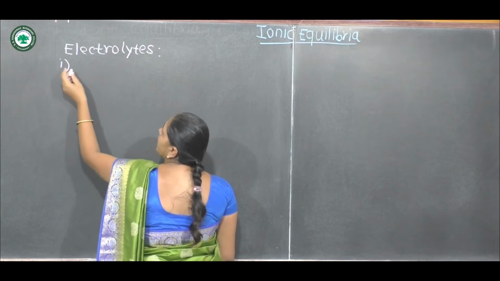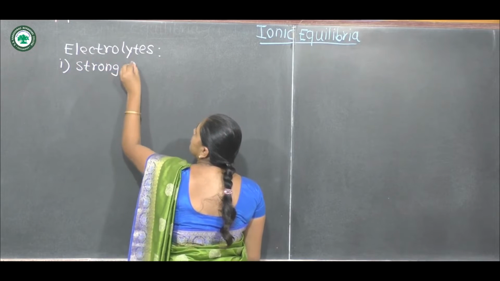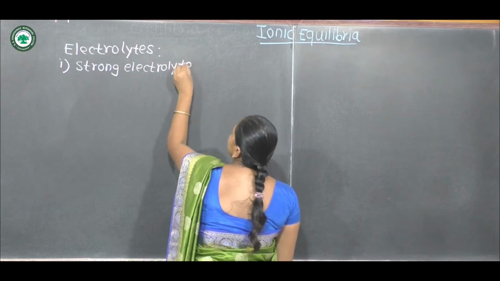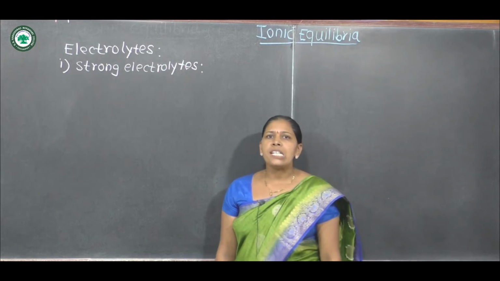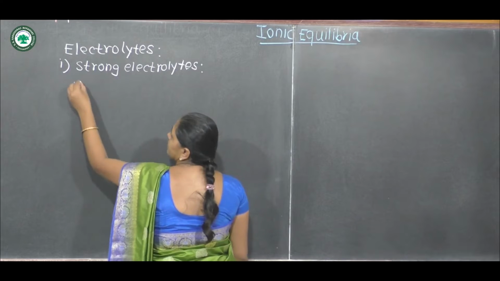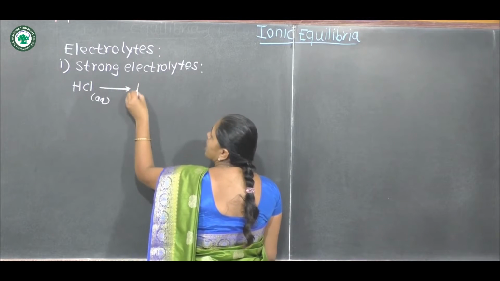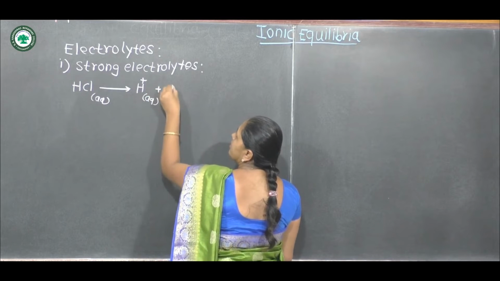The first type of electrolyte is strong electrolyte, which is almost completely dissociated in aqueous solution. For example, HCl in aqueous solution dissociates into H plus ion and Cl minus ion.